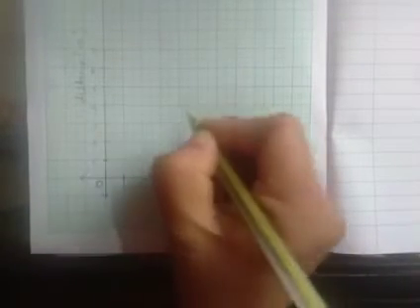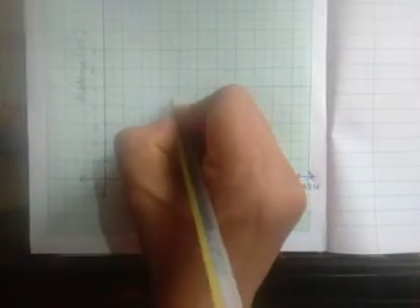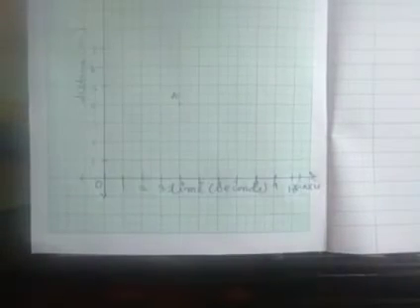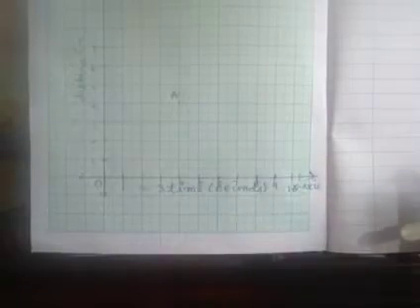Now how do we find out the speed of this object? Let's suppose that the object has reached this point, and let that point be A. What is the speed at this point? How can we find out the speed of this point which has covered a certain distance in a certain time interval?